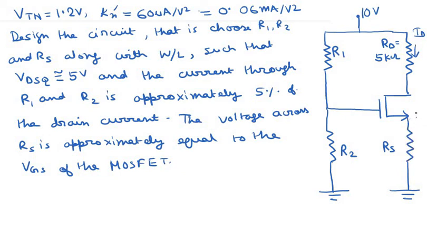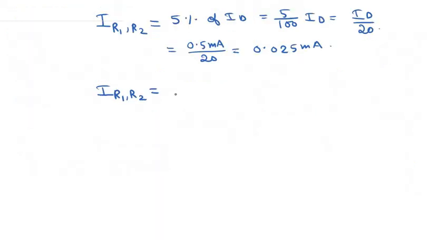The current through these two resistors, IR1,R2, is equal to 10 volts divided by R1 plus R2, and it is also equal to 0.025 milliamperes.